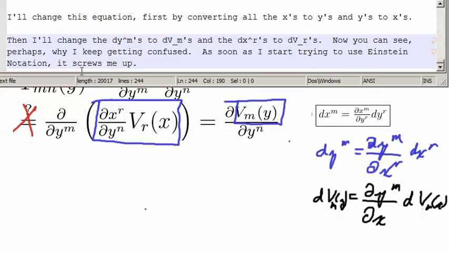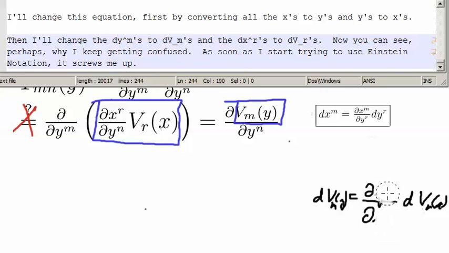Now you can see perhaps why I keep getting confused. As soon as I start trying to use the Einstein notation, it screws me up. So I'm just going to erase this step altogether and leave this as it is, but erase this one and put x on the top and y on the bottom.